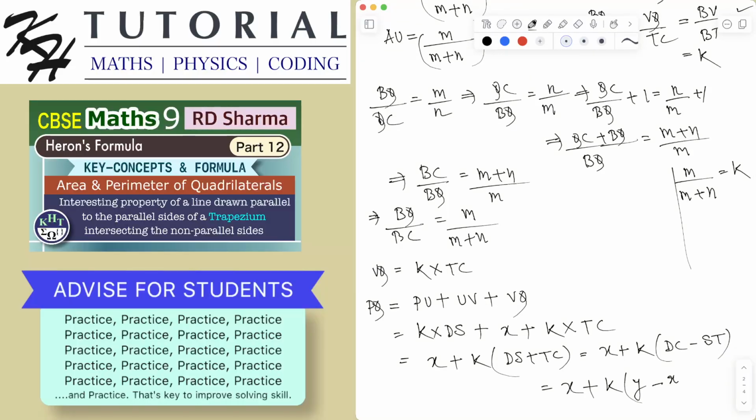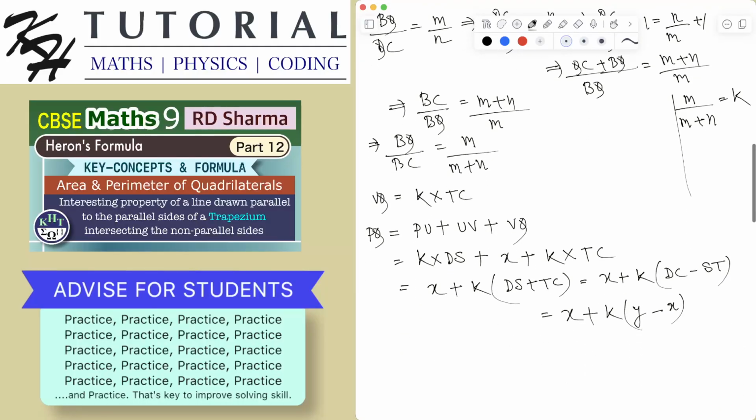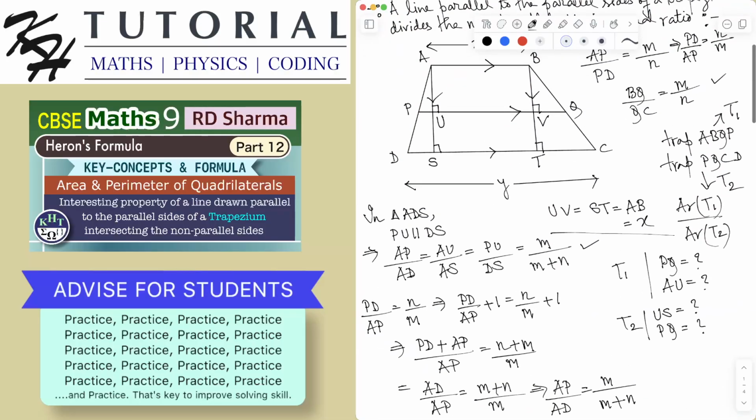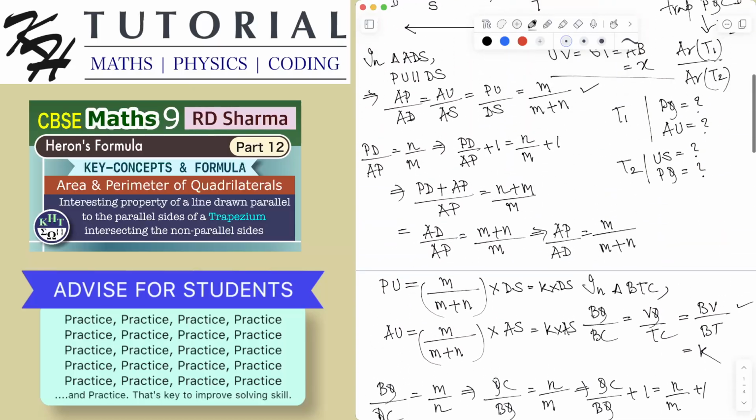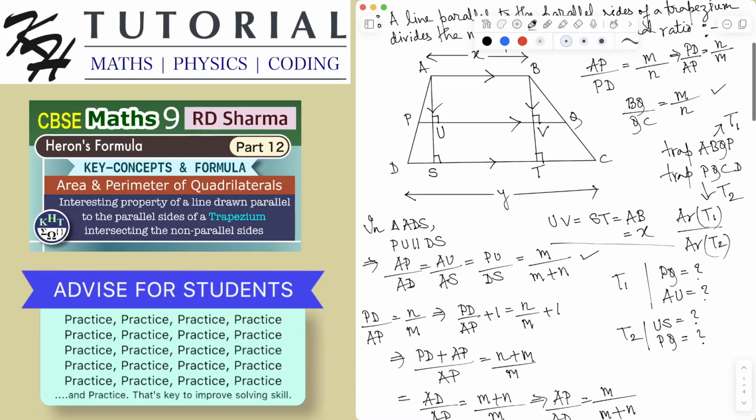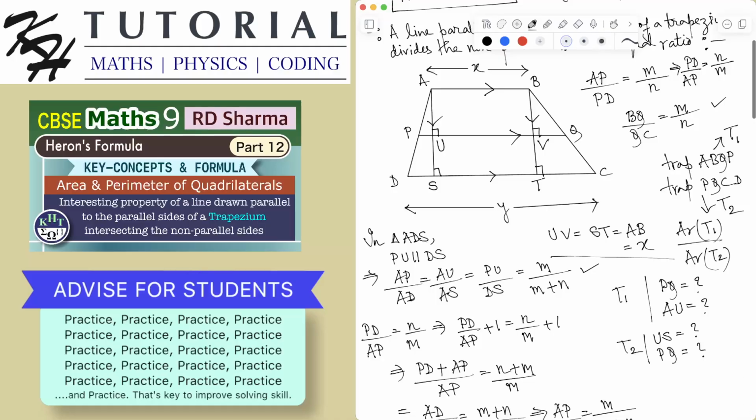So the length of PQ is X plus K into Y minus X, where K is M by M plus N. We got the length of PQ in terms of X, Y and the given ratio of AP and PD.